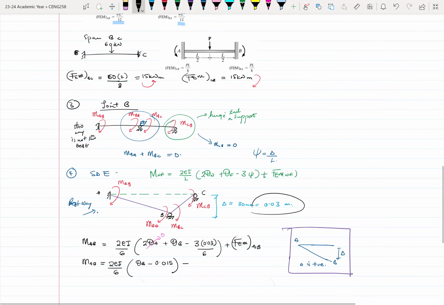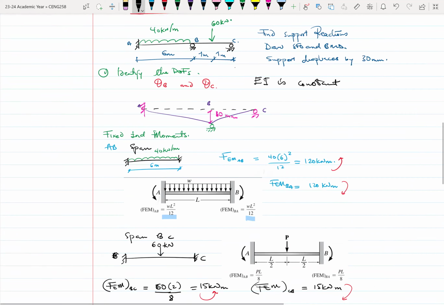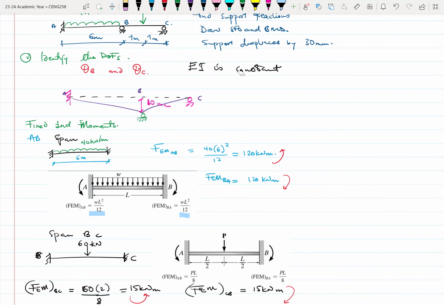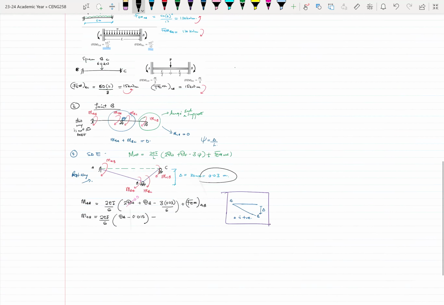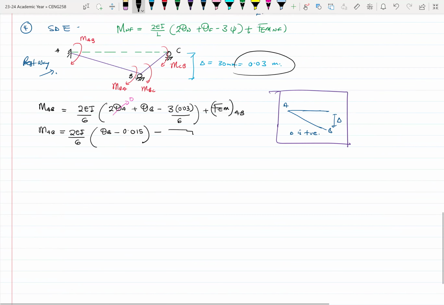So if they're all clockwise, but my fixed end moment is giving me an anti-clockwise rotation, then it means that 120 anti-clockwise or counterclockwise is the same as what? Minus 120 clockwise. All right, great. So here it becomes minus 120.